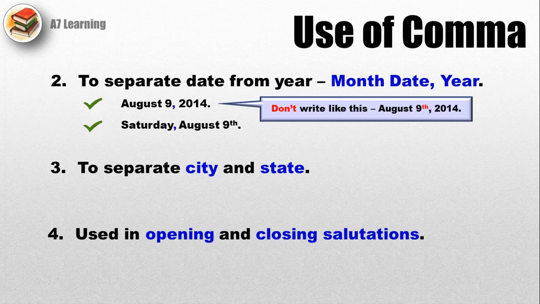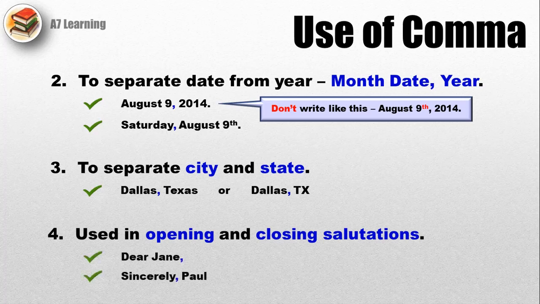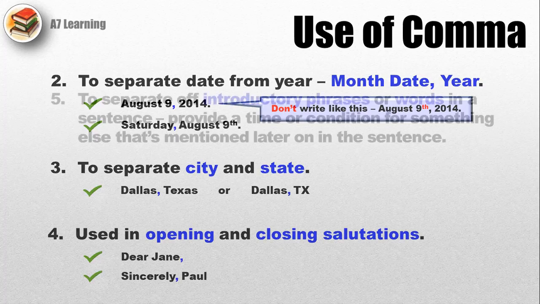That's not supposed to be there. But if you write it like this with the day of the week and the month and the date, then you can put it. And then also Dallas, Texas, or Dallas, capital TX, with the abbreviation for Texas there, but you always separate city and state with a comma. And Dear Jane, and also Sincerely, Paul.